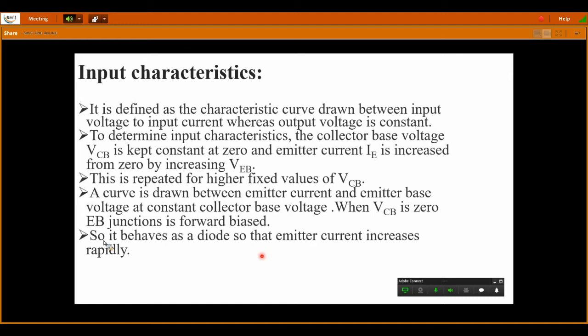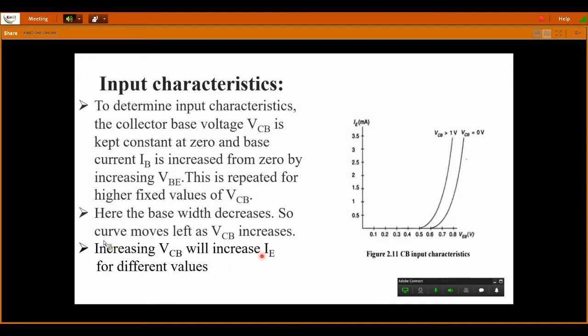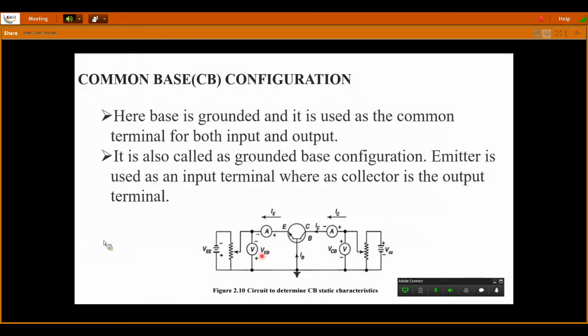So let me first start with VCB equal to 0. So how do we get that? VCB is 0 just by putting your VCC at the minimum position, which is the 0 position. So when this DC supply is applied with 0, VCB becomes 0.